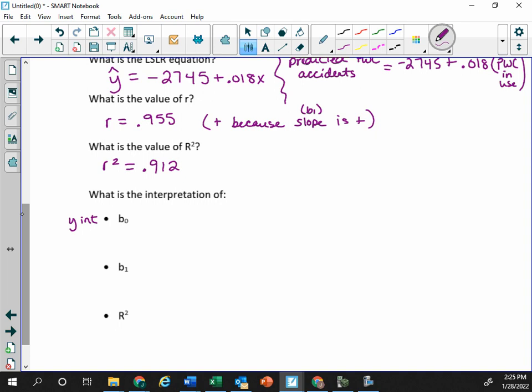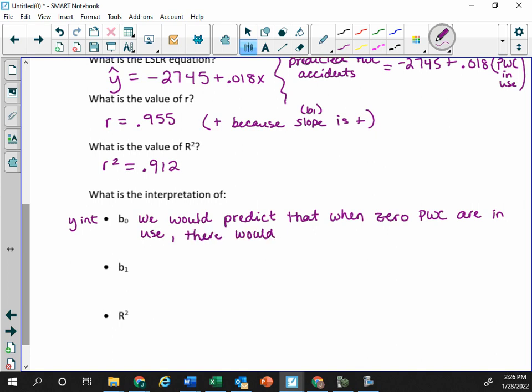So the way we state this, we would predict that when 0 PWCs, the personal watercraft, are in use, so that's the x, when x is 0, there would be negative 2,745 injuries or accidents, whichever way, from personal watercraft.